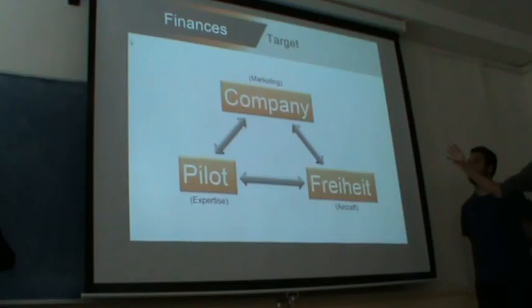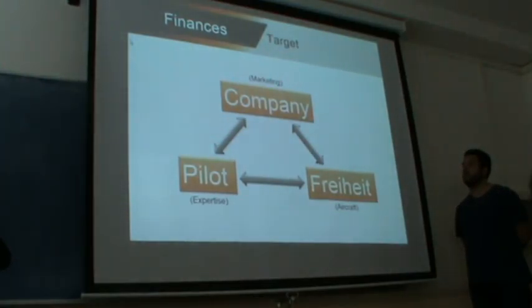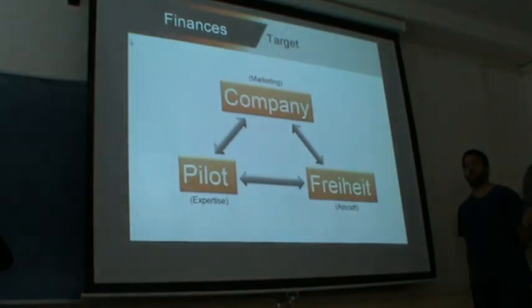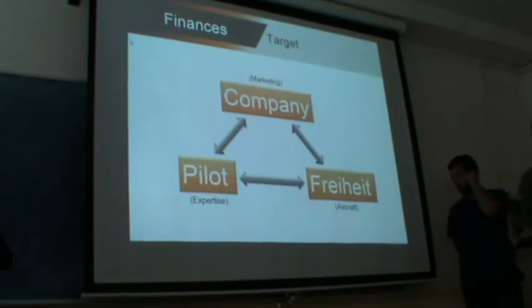Then when we have the market, we know where our target is. Basically, our target is the pilot. The pilot is the person that operates our aircraft, and basically our aircraft is for the pilot. But it's quite hard to get a pilot who has operated one aircraft during his whole life to try ours, if we have a new aircraft.